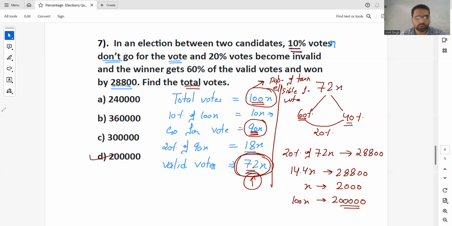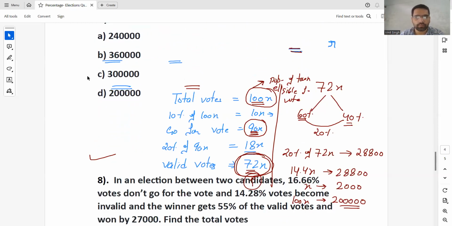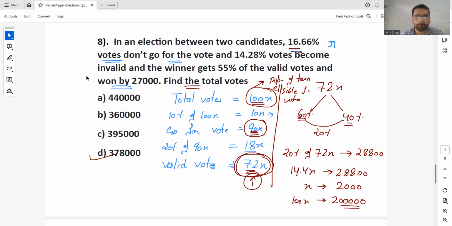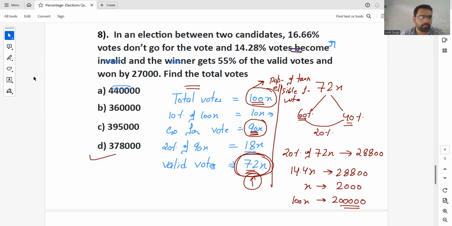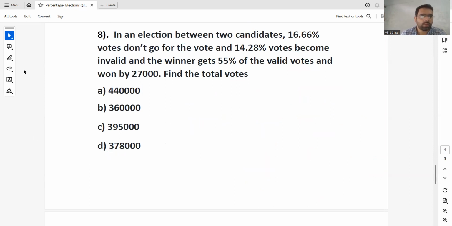Now the next question. In an election with two candidates, 16.66% of voters don't go for the vote, and 14.28% of votes become invalid.